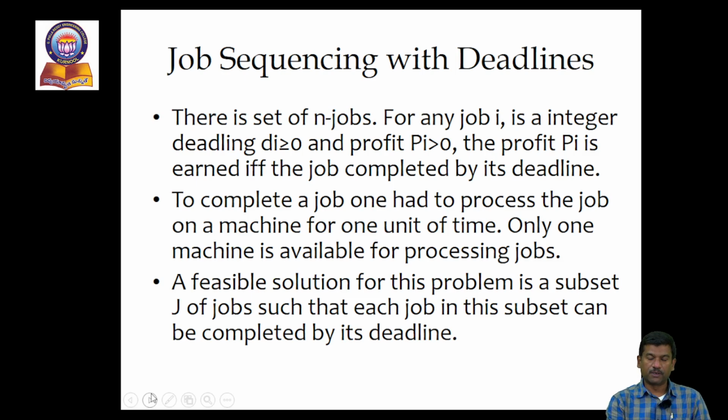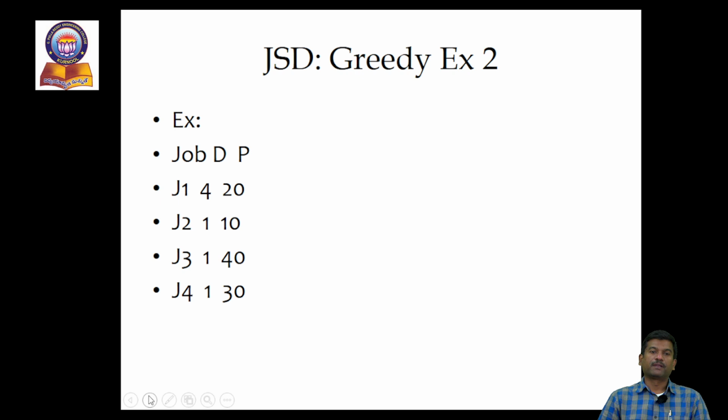There is only one machine that processes all the n jobs, 1 unit of time is taken to complete each job, and the job has to be completed within its respective deadline. As an example, consider 4 jobs: job 1, job 2, job 3, job 4.